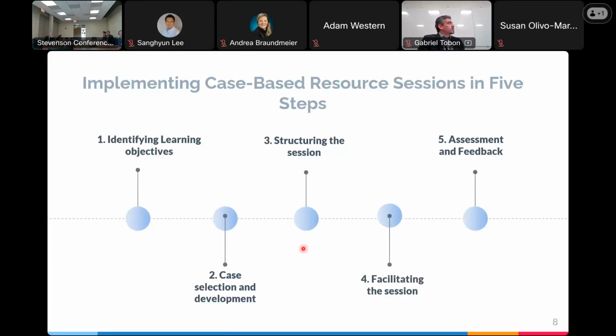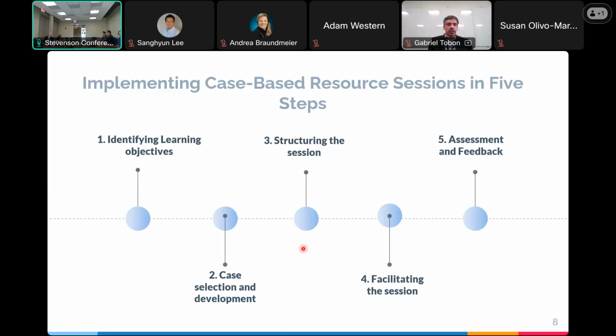So knowing the benefits, here we have the 5 different steps to create a case-based resource session. And probably this is the most important part of the presentation. The first one is to identify the learning objectives. If you are planning to deliver content in pharmacology or pathology or biochemistry, it is extremely important to know the learning objectives, the goals for the presentation.